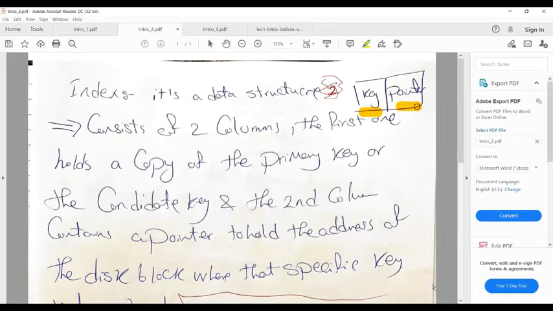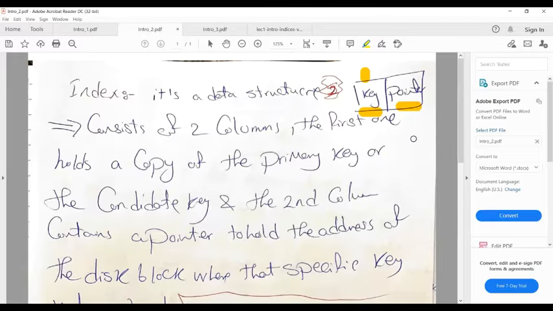What is the pointer in this case? The pointer holds the address of the tuple or of the record where this key is stored. For example, I have a record where the primary key equals 1, name equals Nora, and age equals 23. Here, the key will be 1, which refers to the primary key, and this pointer holds the address where this tuple, with primary key 1, name Nora, and age 23, is stored.